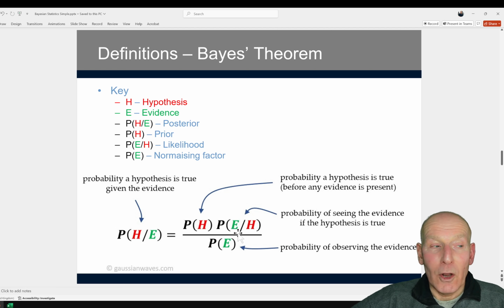This is then updated by multiplying by what we call the likelihood, which is effectively based on the data we have started to gather, and these two are multiplied together to get the posterior.